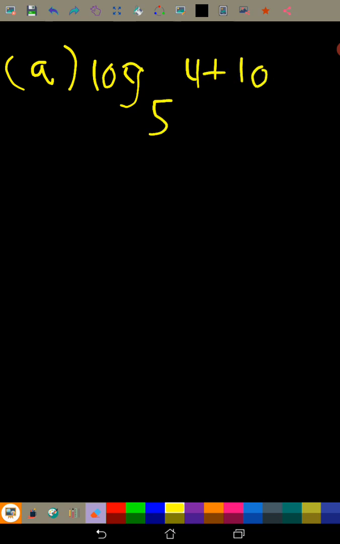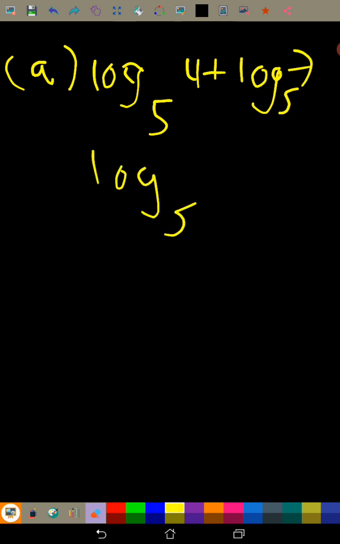And so let's do some exercises quickly if we want to practice. Express this as a single logarithm or number. So we have log to the base 5 of 4 plus log to the base 5 of 7.